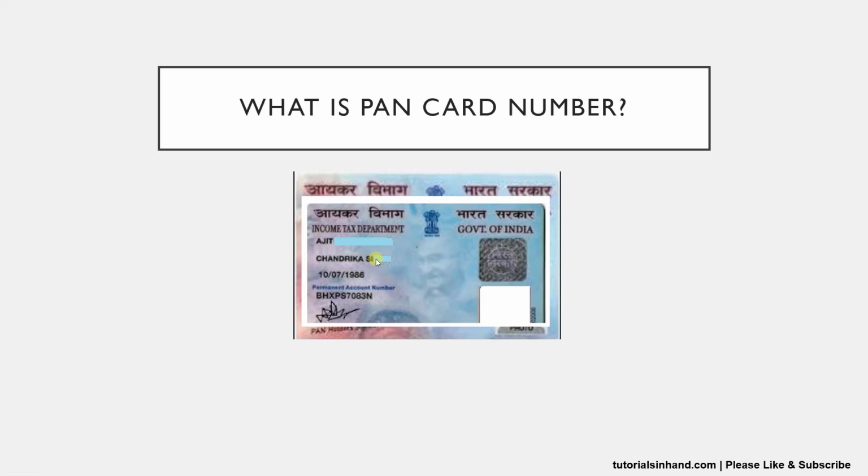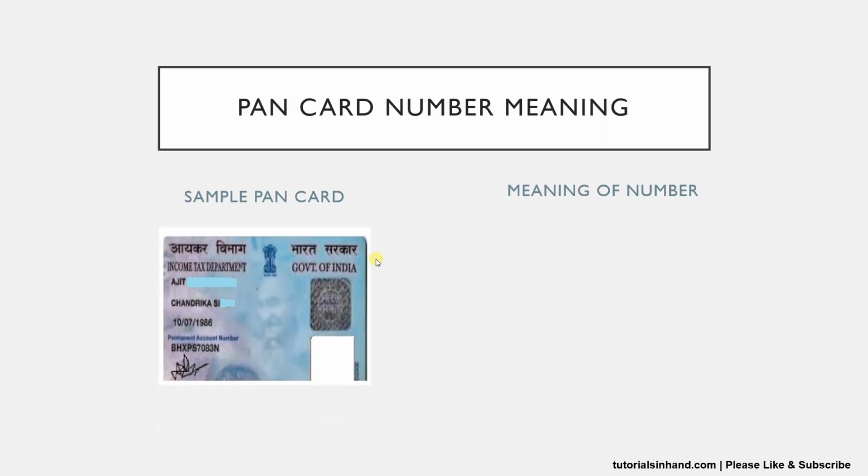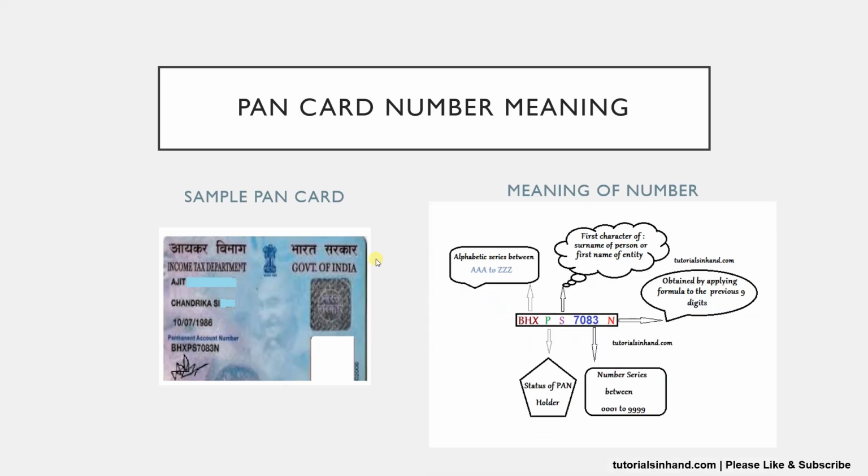Now let's move on to understand what exactly this PAN number denotes. 10-digit alphanumeric PAN number can be actually split into certain characters to understand what exactly they denote. So let's see the image at the right side now.